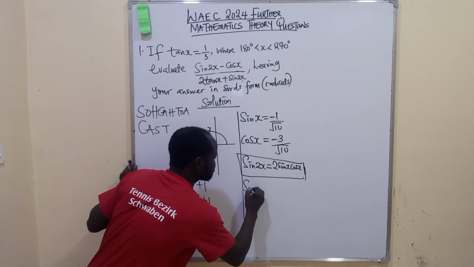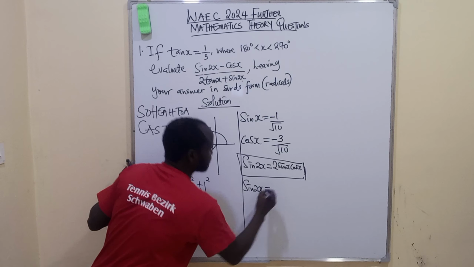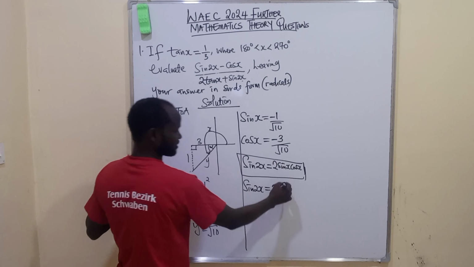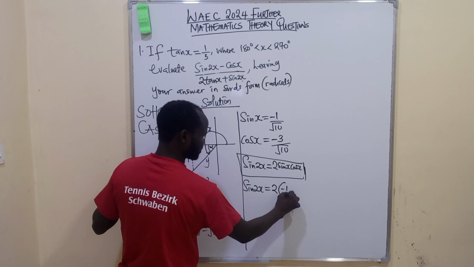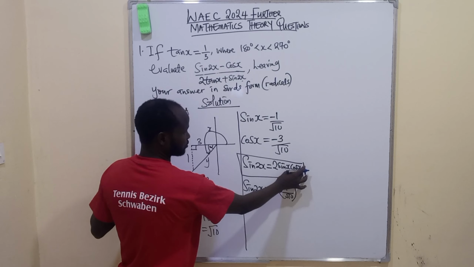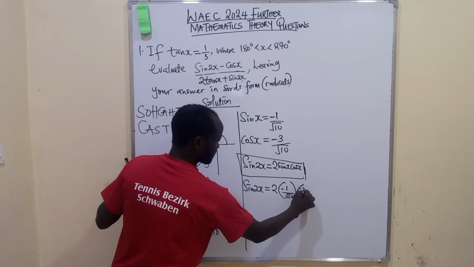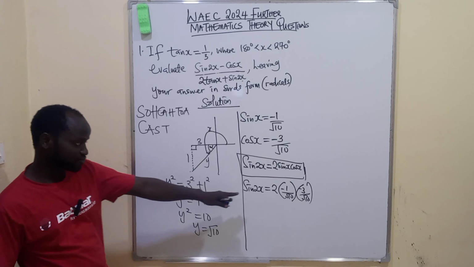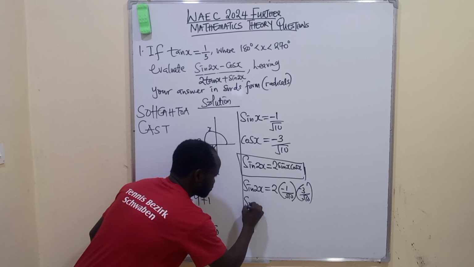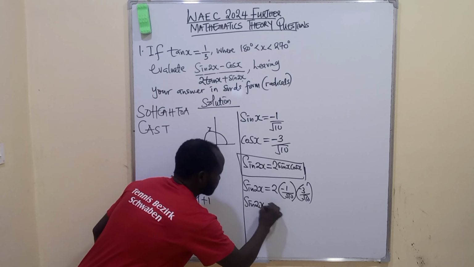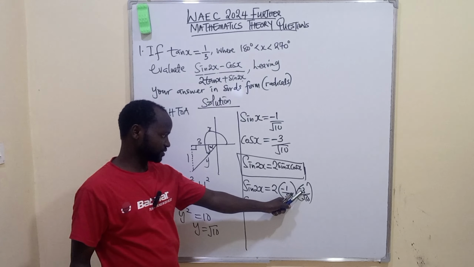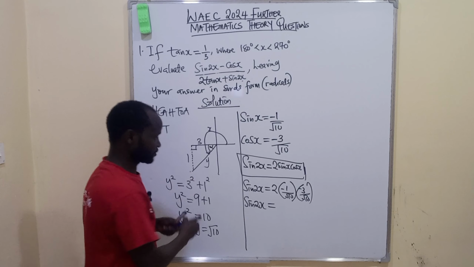Therefore, sine 2x will be equal to 2 times, what is our sine x? Sine x here is minus 1 divided by root 10. Then what is our cos x? Minus 3 divided by root 10. Sine 2x will be equal to minus 1 times minus 3 is 3, 3 times 2 is 6.